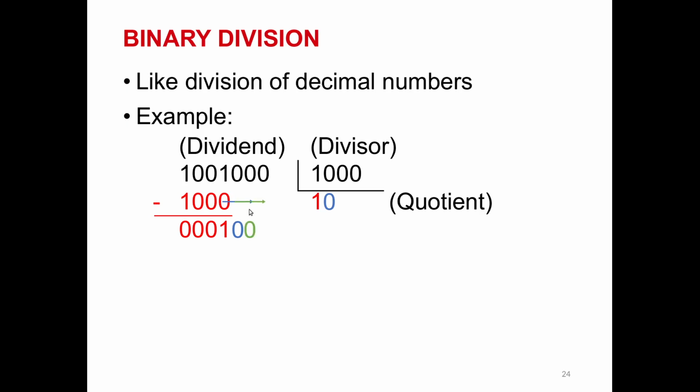Another 0 will be taken down here, and it is still smaller than the value of the divisor, and so another 0 here. The final 0 here will be taken down, and this value is as big as the divisor, and so the result for this division will be 1 in the last bit in the quotient. And then you take this value and subtract the divisor, and here you have 0 as the remainder.